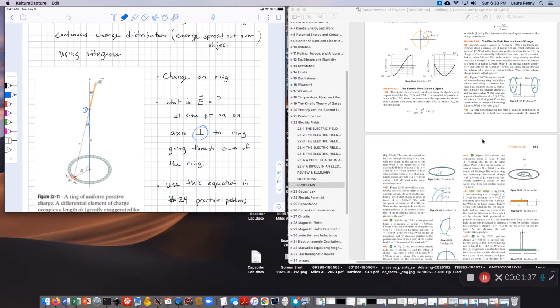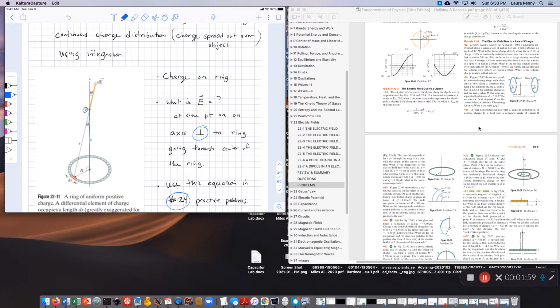And this is basically the equation you need to do number 24 in the practice problems. You don't have to do this derivation. You can use the equation we come up with at the end, which is also in the textbook. I'm not going to make you do this type of integration.